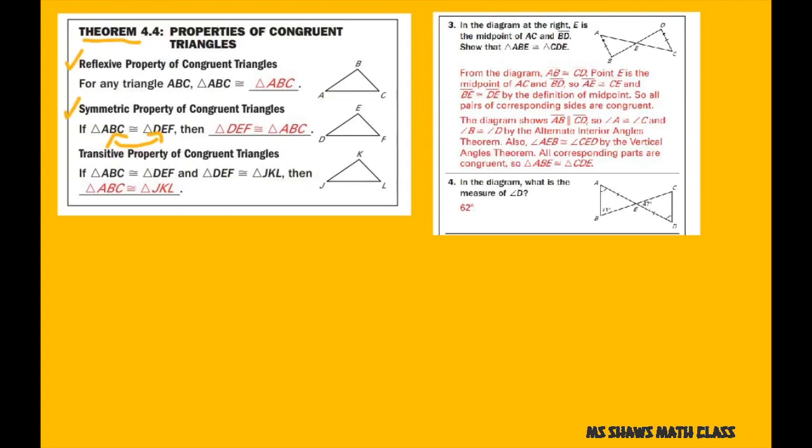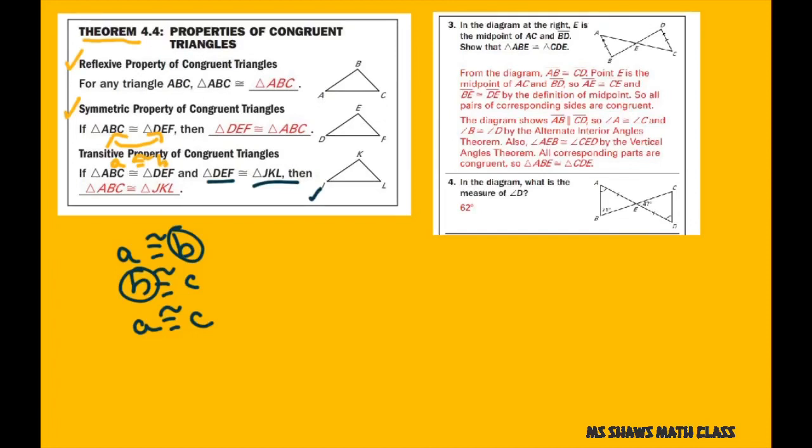So if A is congruent to B, let me write it down here. If A is congruent to B and B is congruent to C, then A is congruent to C, because these two are the same. I didn't want to write all that out, but that's what the transitive property is. And we've already talked about that in class.